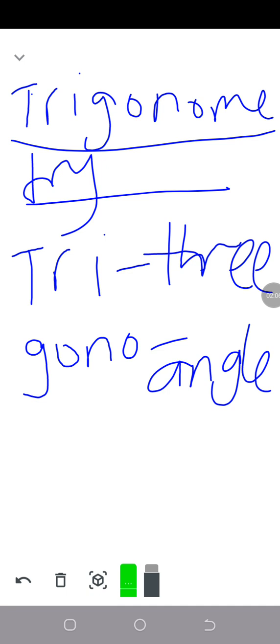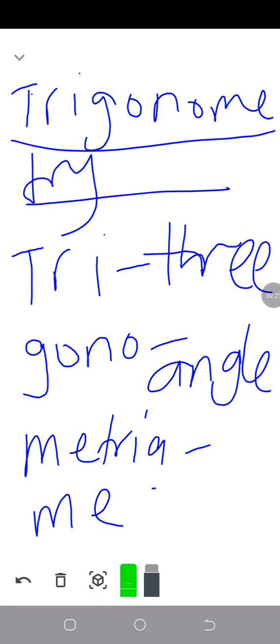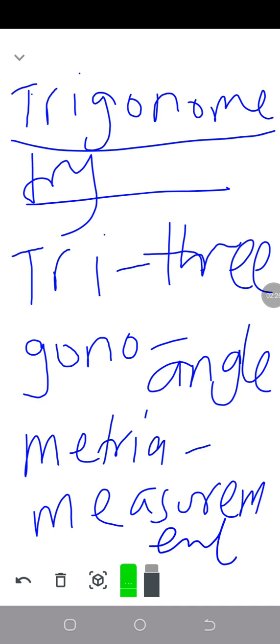And then we have the last part, metry, which can be metria, which means measurements. So the word trigonometry itself means 3-angle measurements. So a 3-angle measurement is what we are calling trigonometry.